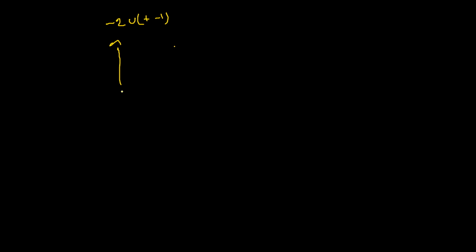So the first thing that we need to do again is shifting it. Now since it's t minus t naught, the graph gets shifted to the right. So here we have from t is equal to 1 all the way to infinity. This is 1. So next I need to scale it by minus 2.